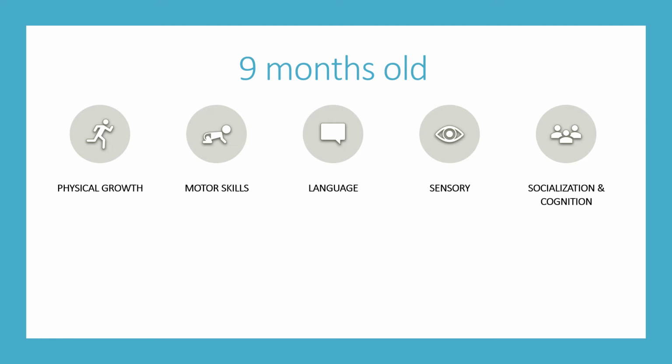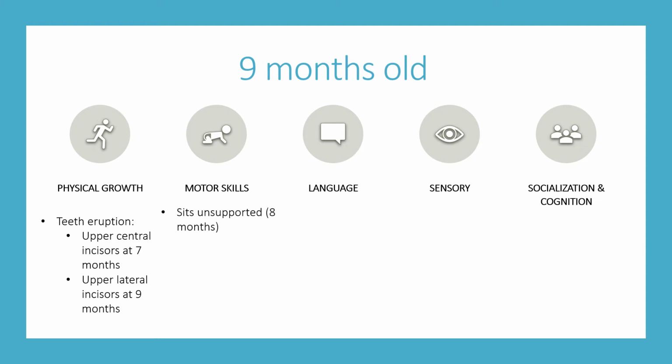Not only is a 9-month-old still growing in height and weight, but the biggest development of physical growth is the eruption of more teeth. At about 7 months, the front 2 teeth start to emerge, and then around 9 months, the next 2 upper teeth are starting to break through. So at 9 months old, the baby should have the top 4 front teeth in their mouth.